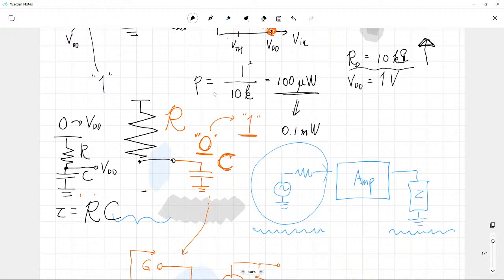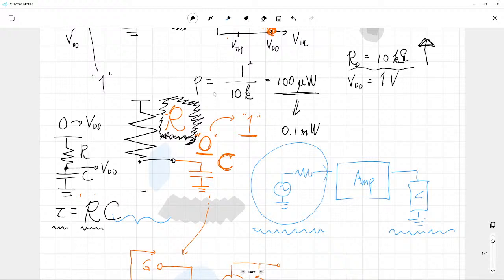But please note that we have made a certain strange assumption, that our R is quite high in order to make our power consumption low and also have a quite strong output signal. So what happens if this R is too high? Then our tau will be too high.